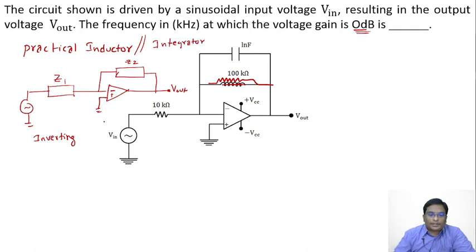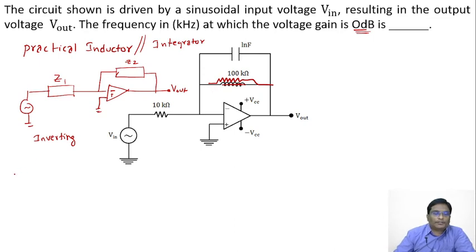Here, if f equals 0, what happens if frequency is 0? The capacitor is 1 by j omega c, and this becomes infinity ohms, nothing but open. Then that gain is called the DC gain.